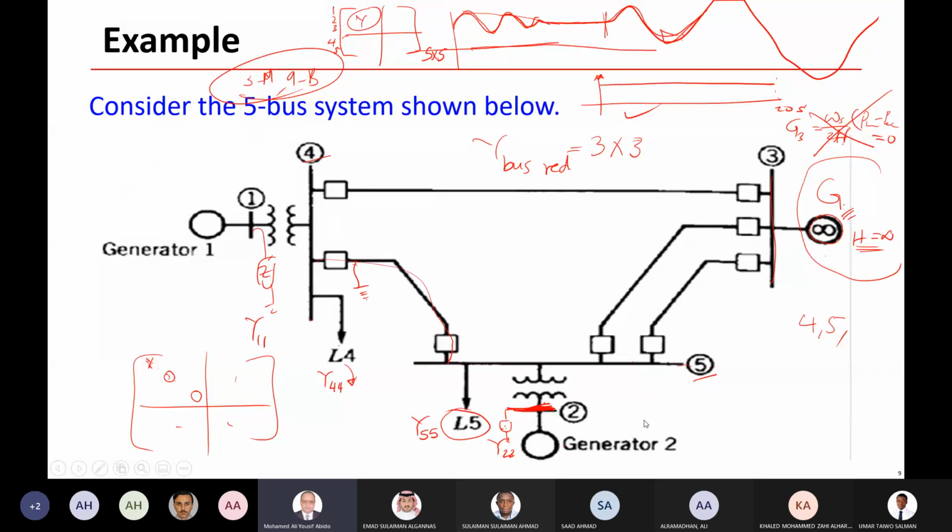You have here 3 generators, 5 bus system. You have loads here at bus number 4 and bus number 5.